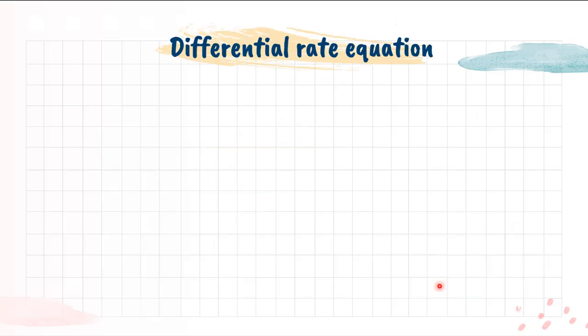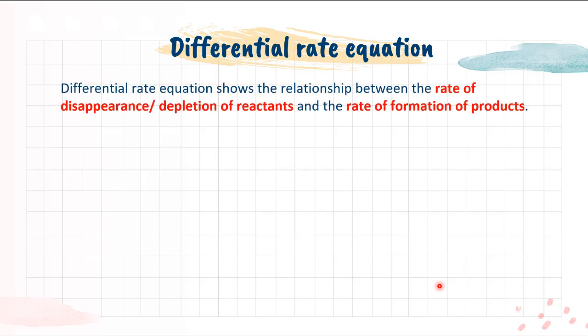But since we know that the reactant decreases with time and product increases with time, therefore we need to differentiate between both reactant and product using differential rate equation. So this differential rate equation shows the relationship between rate of disappearance or rate of depletion of the reactant and the rate of formations of product.